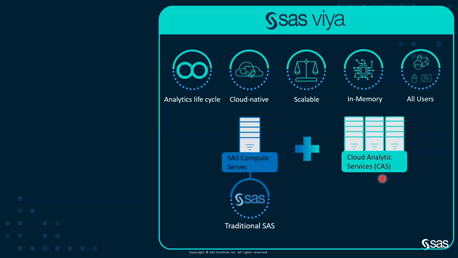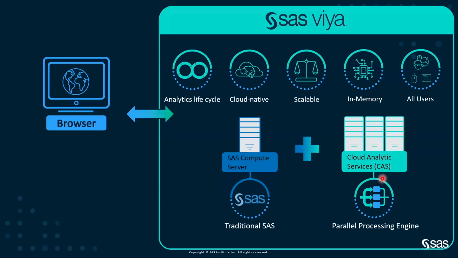We'll call it CAS. So let's call this one as traditional SAS. Let's call this as parallel processing engine or new age cloud-based environment. We are calling it CAS. So CAS is the backbone of SAS Viya platform.